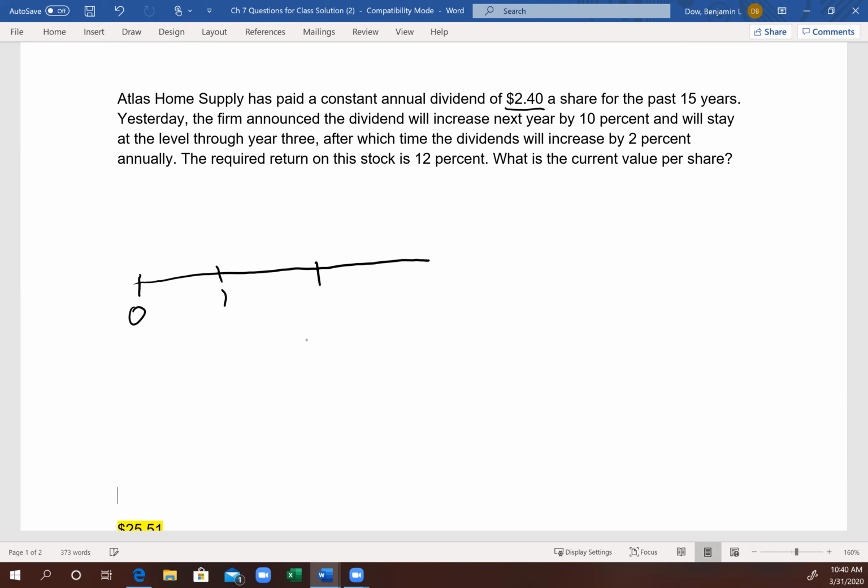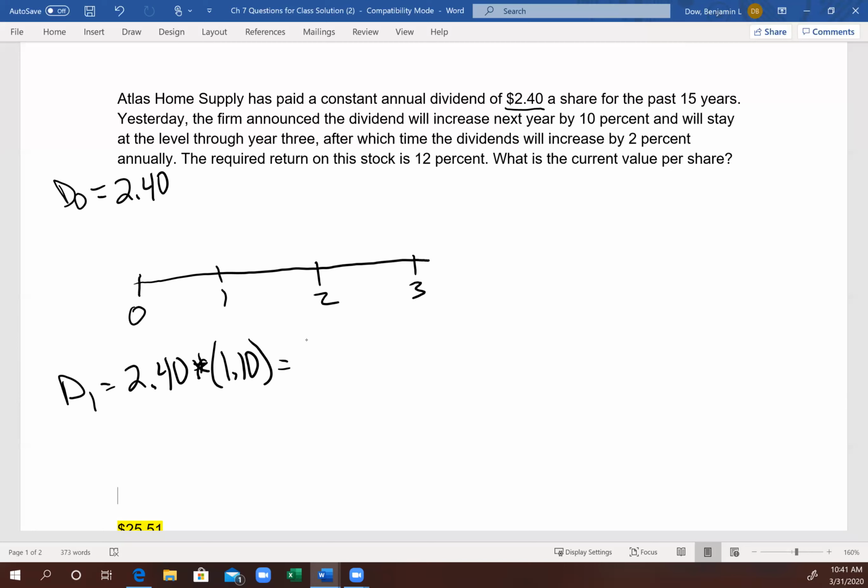So we've got to figure out what the dividend in year 1 is, and it will be the same in year 2 and the same in year 3. What we know was the dividend in the past was $2.40, and the dividend in the future is going to be 10% higher.